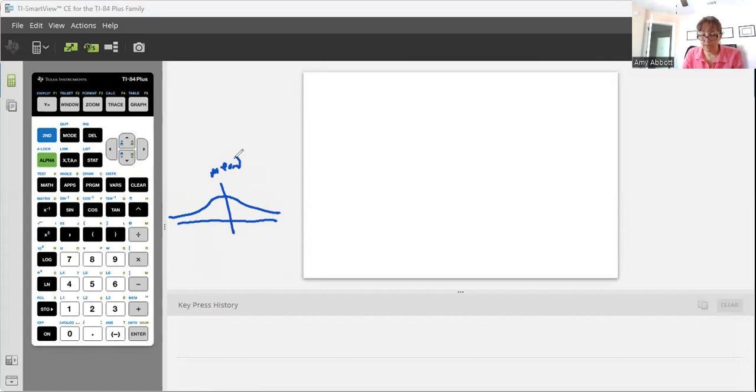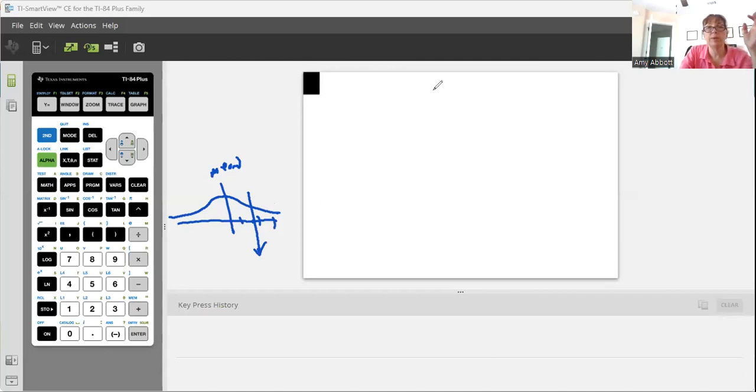Let me find it. 1.65. There we go. So we got 1, 2, 3. So 1.65 is maybe there. And we're finding the area to the left of it. And that's what the calculator does.